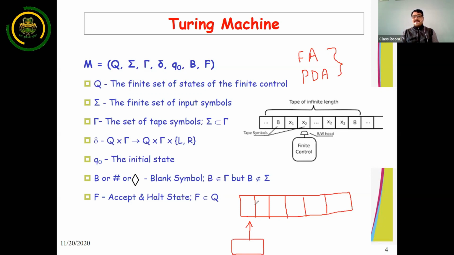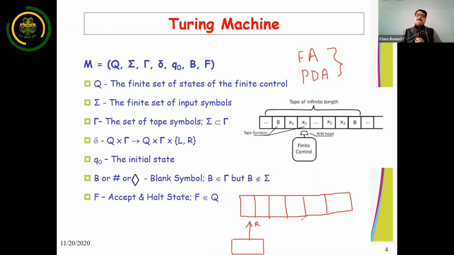At a time, it can read one cell, and after that, the head will move in the right direction. So in the case of finite automata, we assume that the head can move only in the right direction, which means the head is restricted from moving in the left direction, right? So this is the simple model of finite automata.